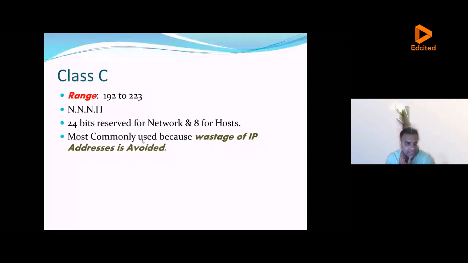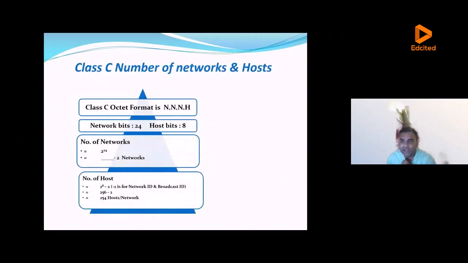Then we have class C, which you generally see in your normal day-to-day life. You have 24 bits reserved for network and 8 bits for host. It means more networks could be created with fewer hosts. How many people could be connected with a class C IP address? You could have at most 254 devices connected to a class C network.